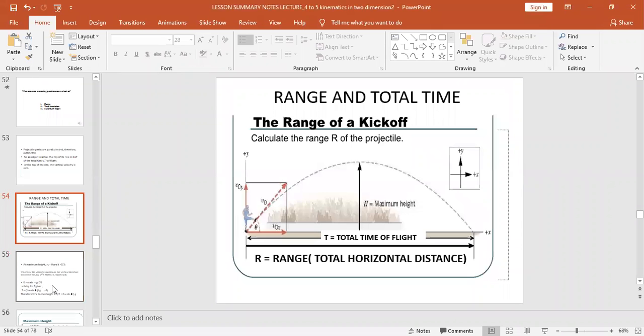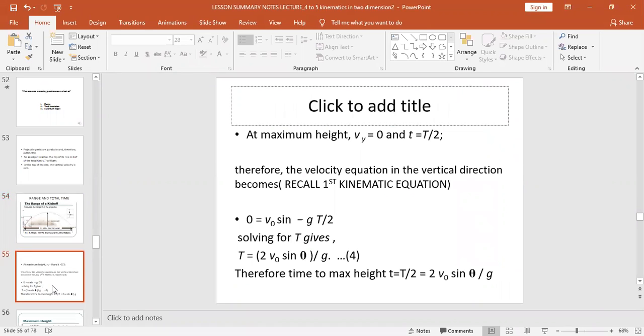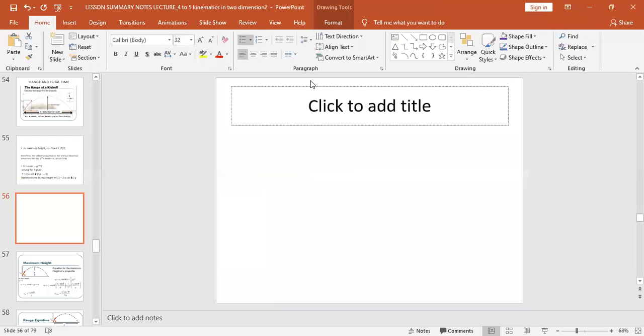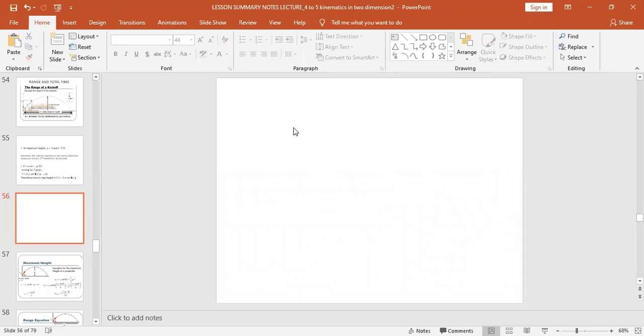So I think we've talked about all of this. So moving on. Let me create a page here so that we can see how the equations came about.